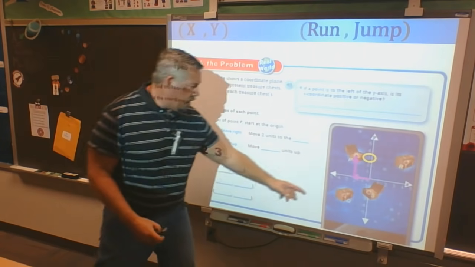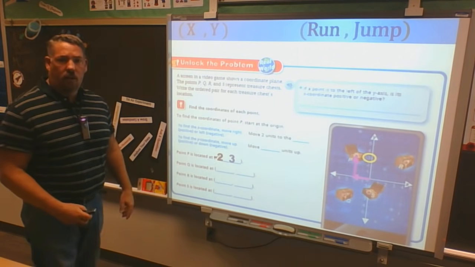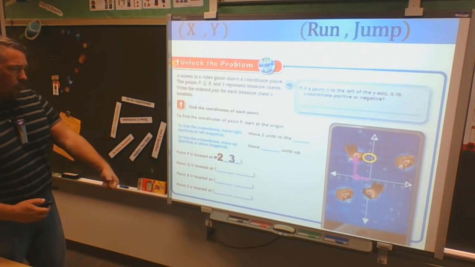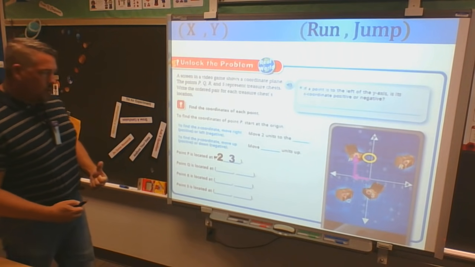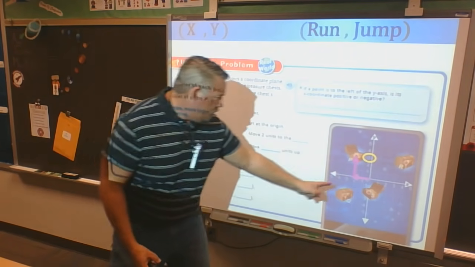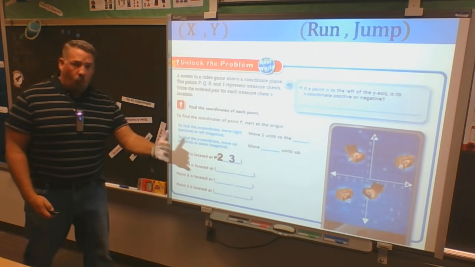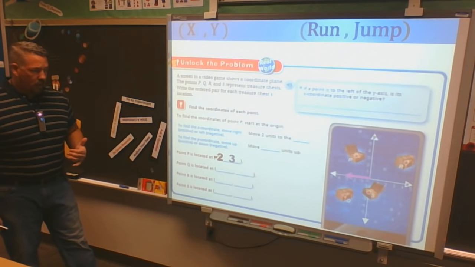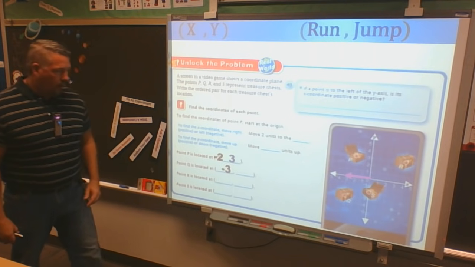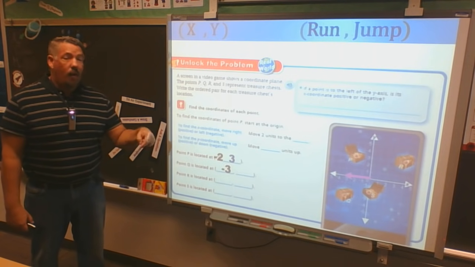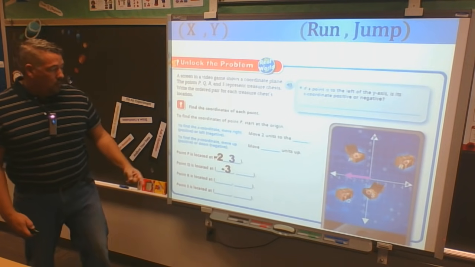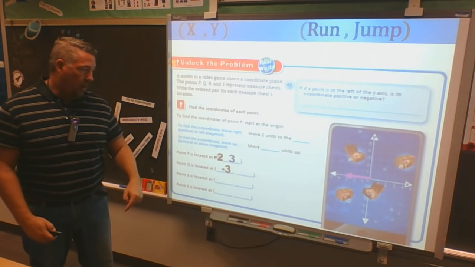So find treasure chest Q. So Q is down here in this third quadrant, right? So I know I'm going to go backwards again, but this one looks like it goes a little further, doesn't it? So I have 1, 2, 3 units this time. So I'm going to run backwards. So I know it's going to be a -3. Then I'm jumping down. So my second number also has to be a negative.